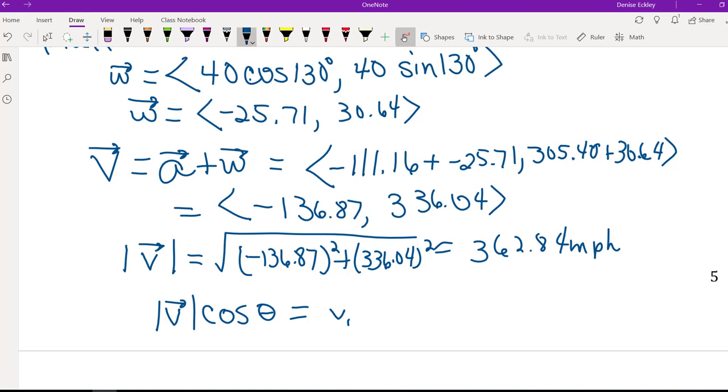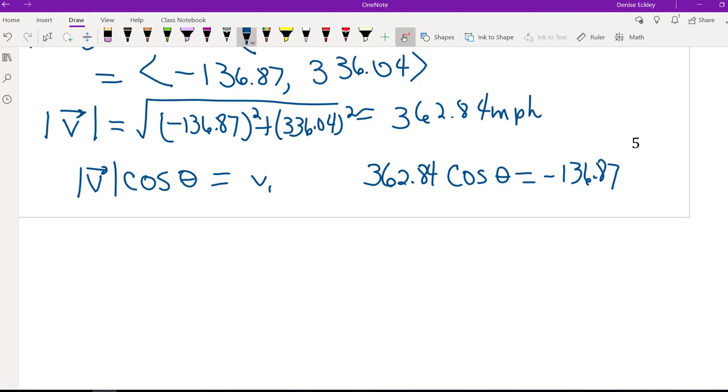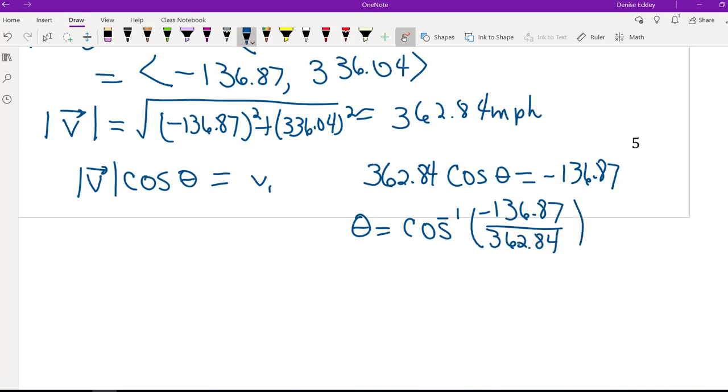So we know that 362.84, our magnitude, times the cosine of theta has to equal our x component, which is negative 136.87. So solving that for theta, we are going to get that theta is inverse cosine of negative 136.87 over 362.84. So theta is going to equal 112 degrees.